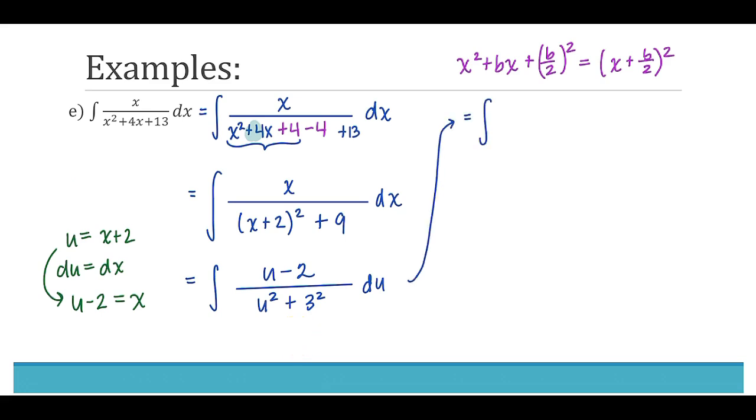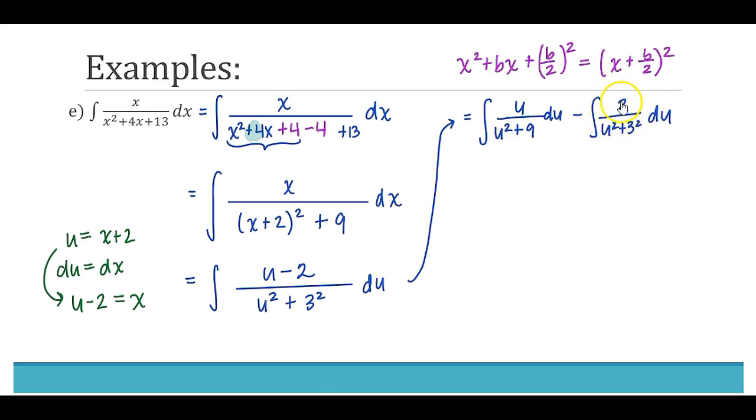This is the integral of u over u squared plus 9 du minus the integral of 2 over u squared plus 3 squared du. Now I'm choosing to keep this right-hand one as u squared plus 3 squared because this is the one that's going to turn into an arctangent.